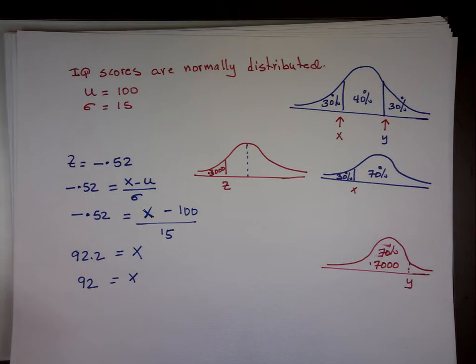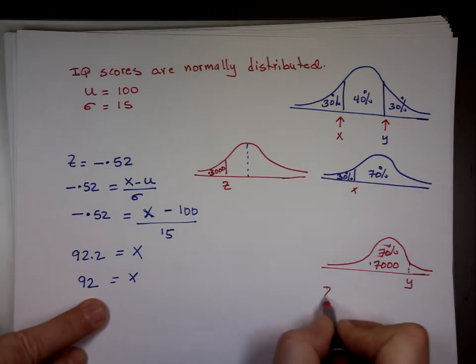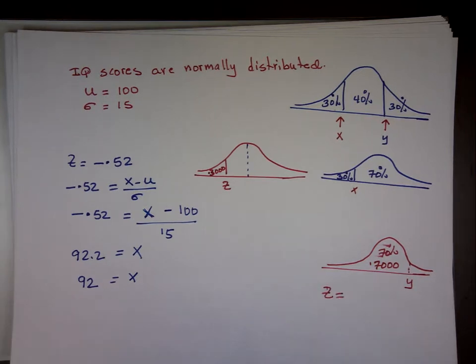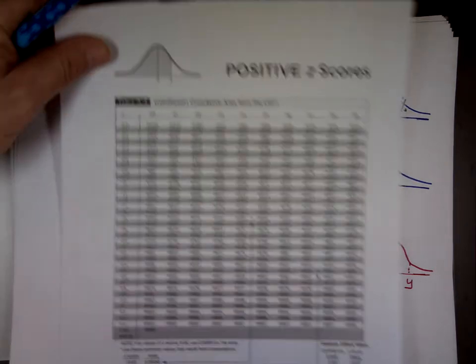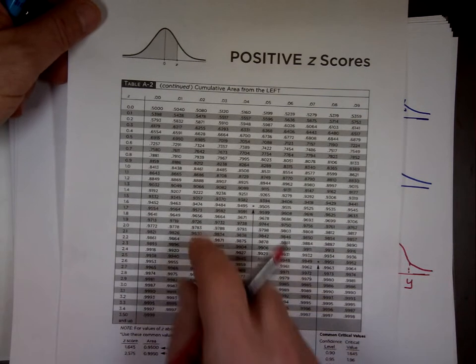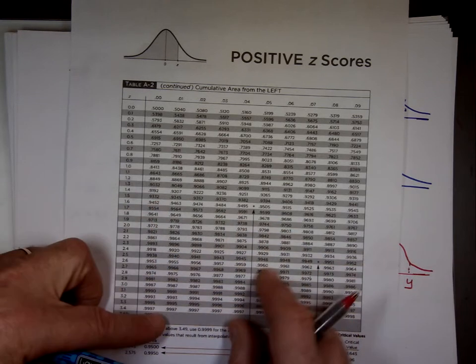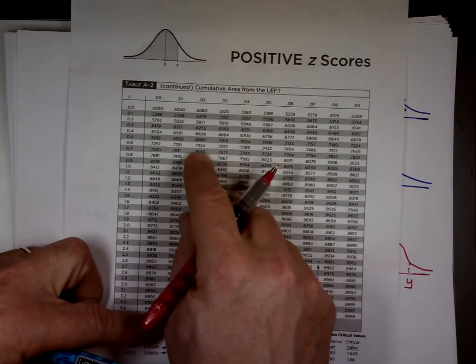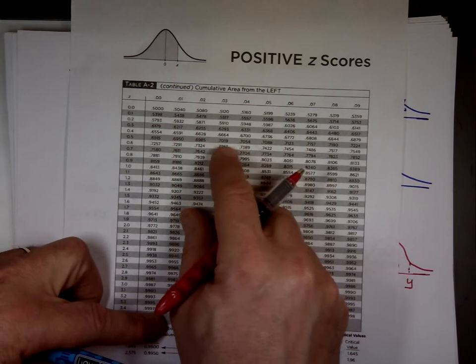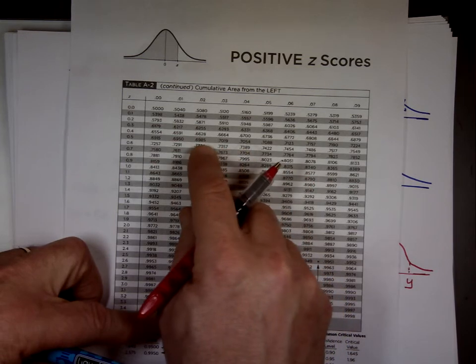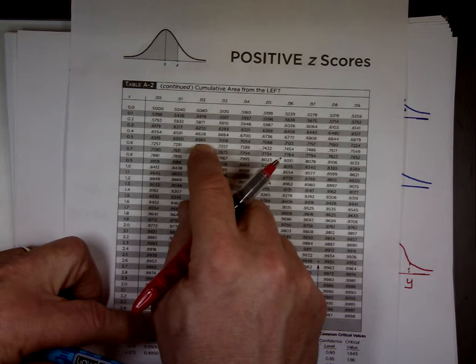If you change it to a z value, the z value for that is going to be... Let's look inside the chart, but now I've got to use the positive z-score. 0.7000. It looks like the closest number is 0.6985, which is 0.52.